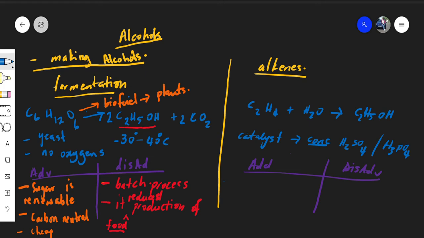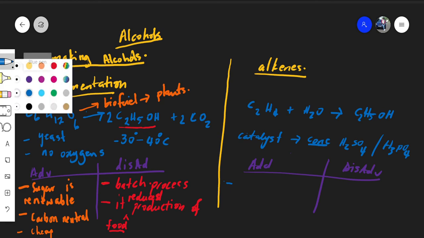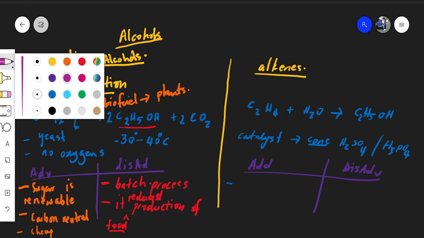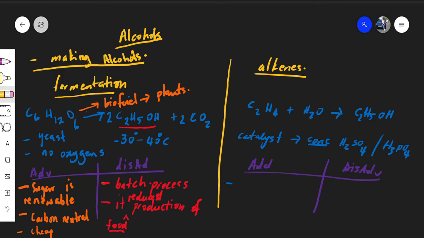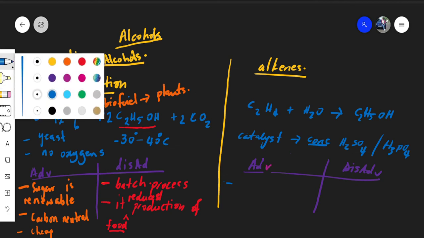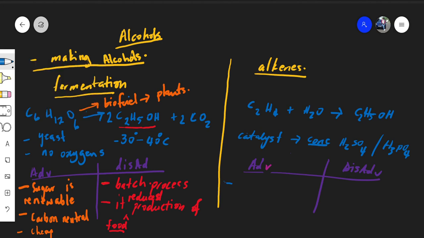But let's go on to the process where it is done in industry. The advantage is that it is a continuous process.